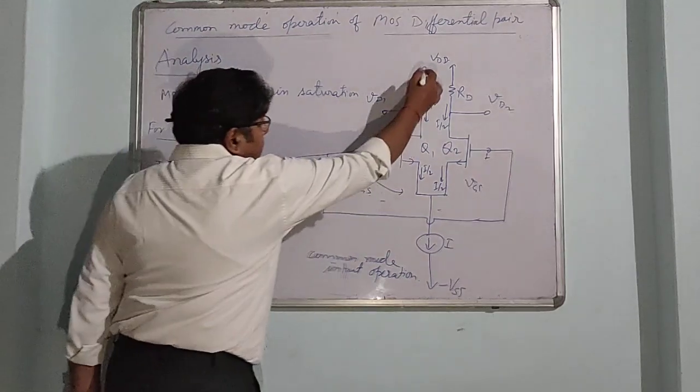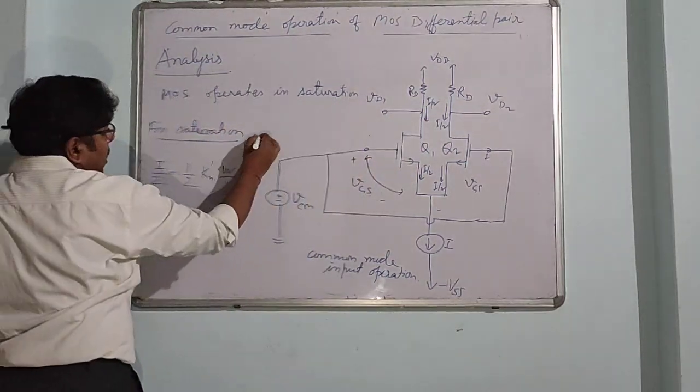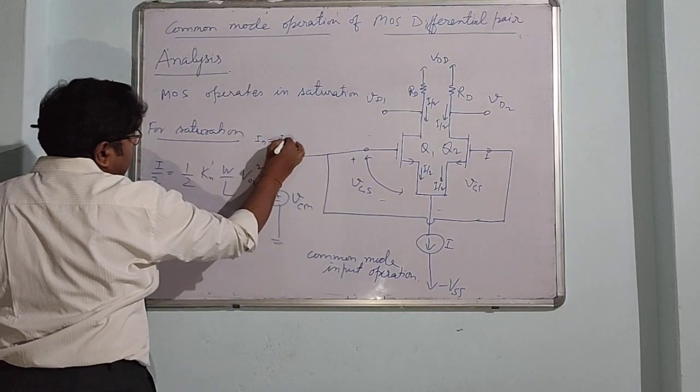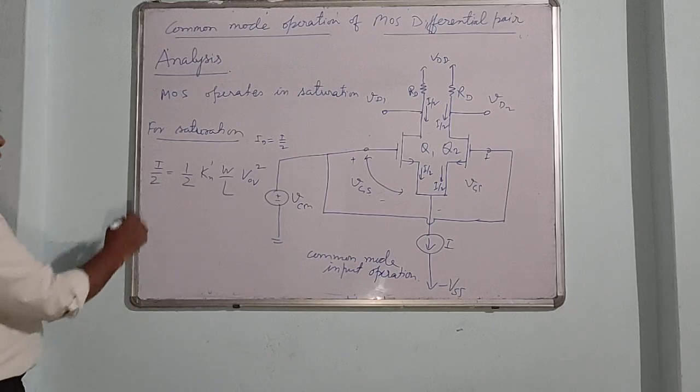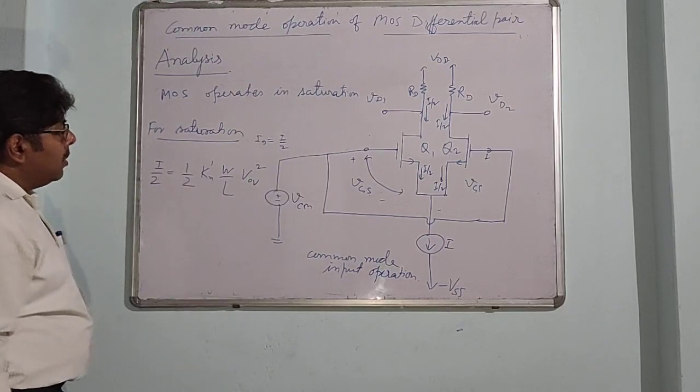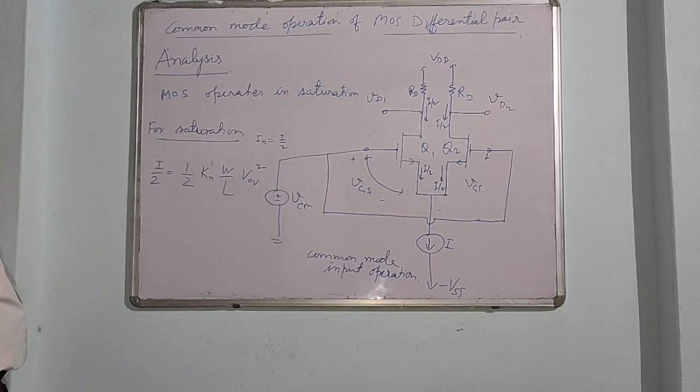Because this drain current is I by 2, here ID is equal to I by 2.